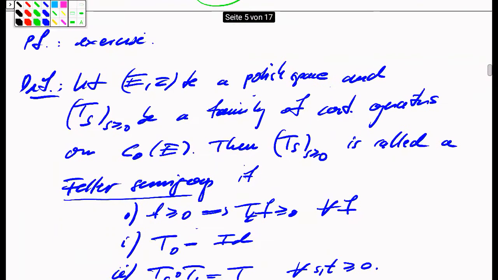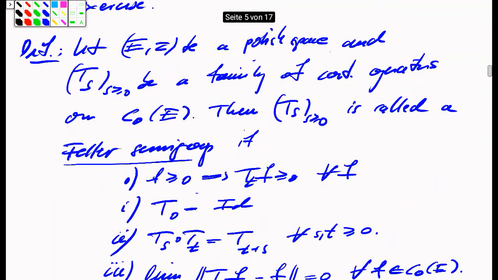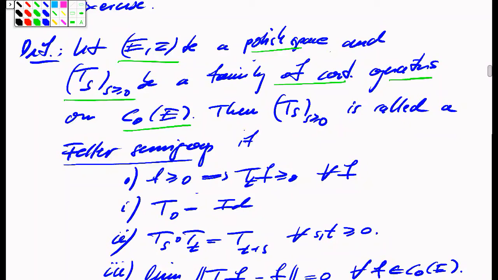Now comes an important definition, namely the definition of a Feller semigroup of kernels. Namely, let E be such a topological space, and we shall most of the time assume that this is a Polish space. Then we consider a family of continuous operators on this just introduced set of functions vanishing at infinity.